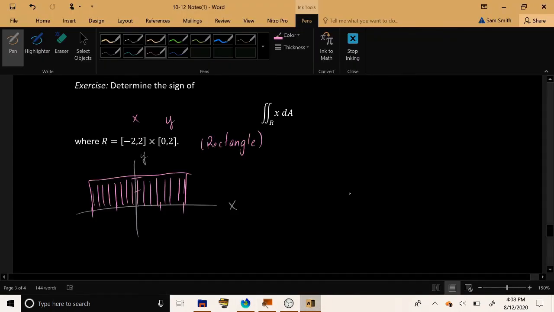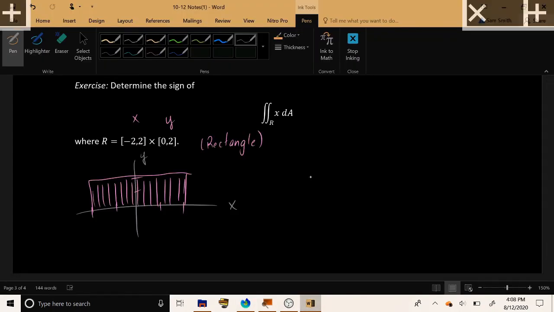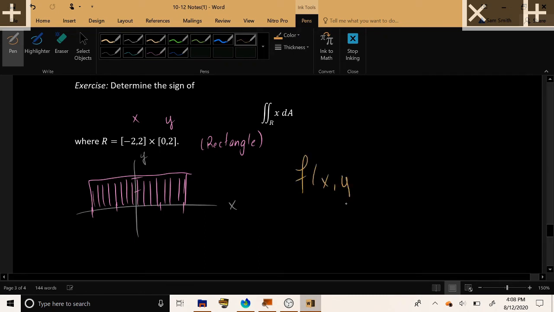Let's think about this for a second. F of xy has a symmetry.